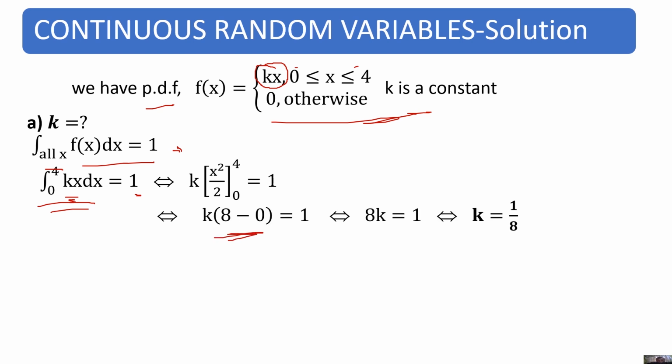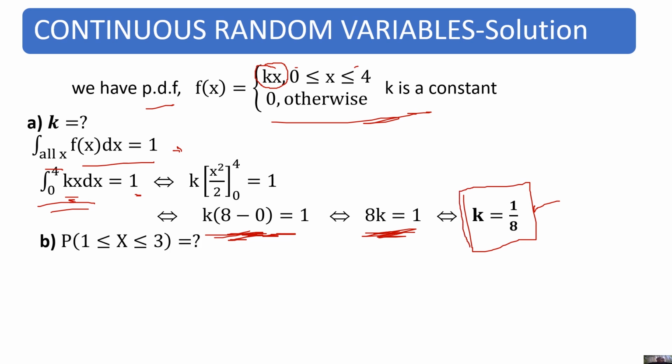This is the answer after substituting x by 4 and x by 0, and this gives 8k equals 1 and k equal to 1 over 8. So the value of k is equal to 1 over 8.